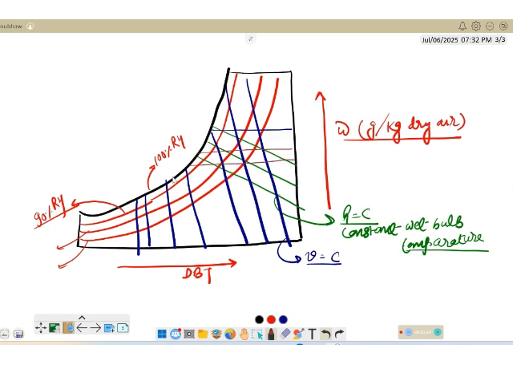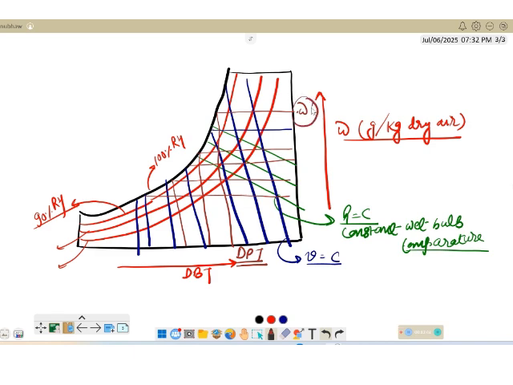So these horizontal lines represent the constant dew point. So from here we will get the corresponding dew point temperature with respect to the given omega value.